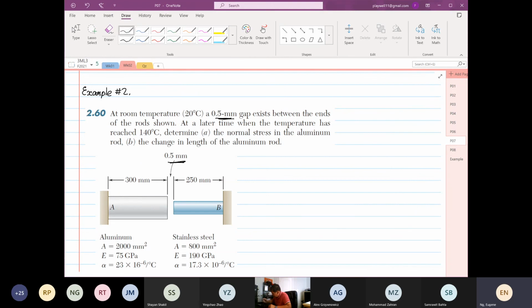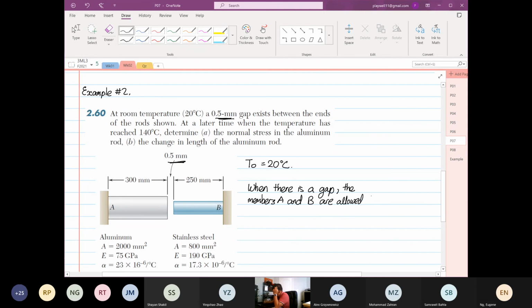So we know from here our T0 is equal to 20 degrees C. What this means is, when there is a gap, the members A and B are allowed to move freely.